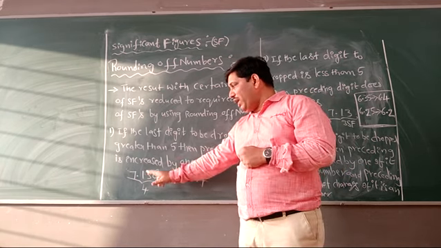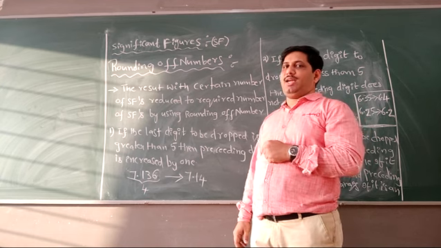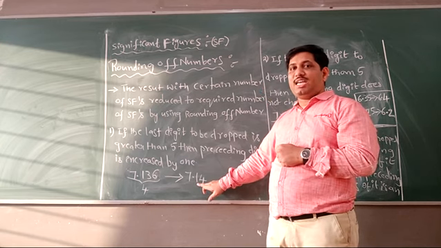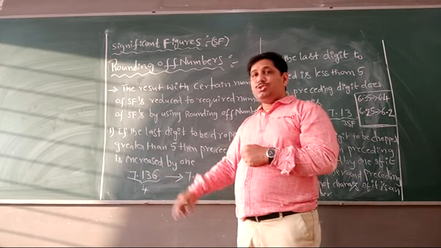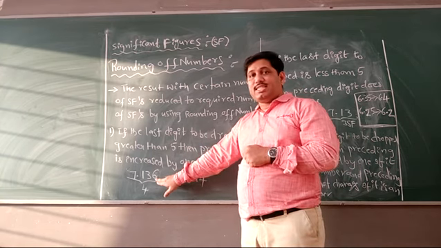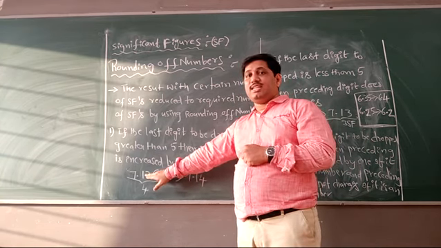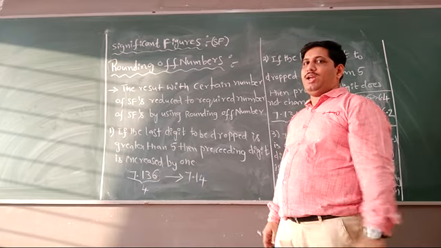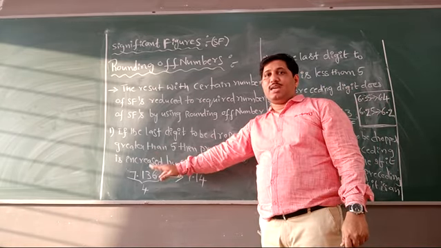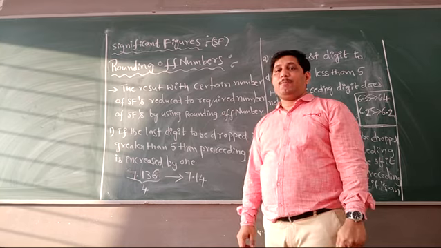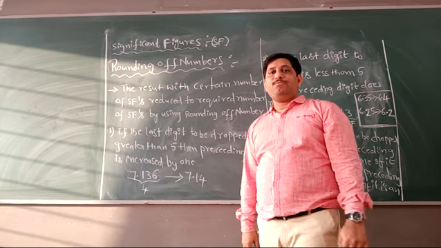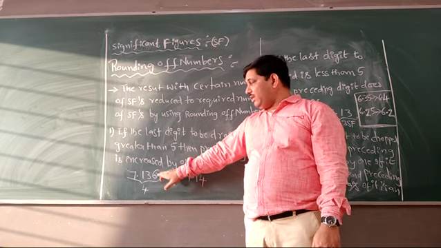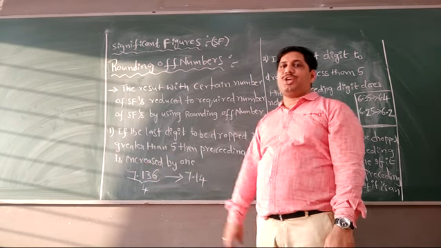Here, students, 7.136 has 4 significant figures because all are non-zero digits. That can be reduced to 3 significant figures by using rounding of numbers. The last digit 6 can be dropped, but the preceding digit 3 is increased by 1.